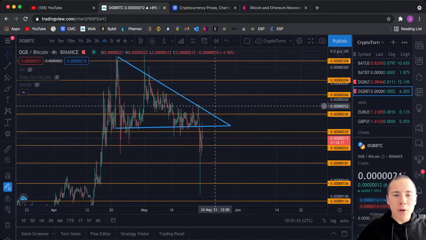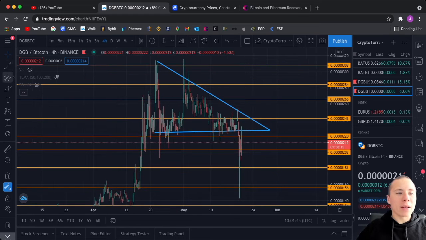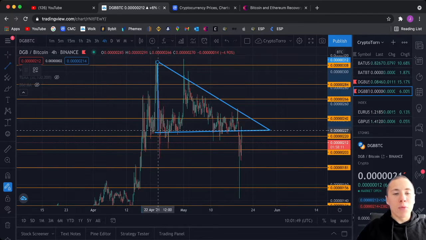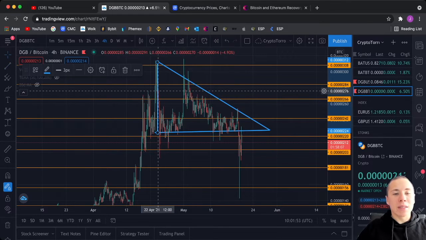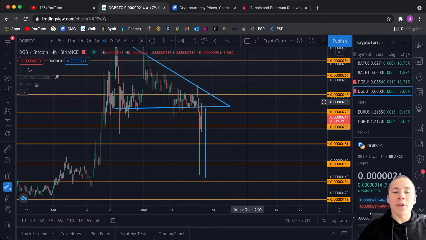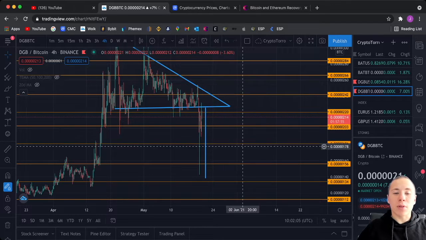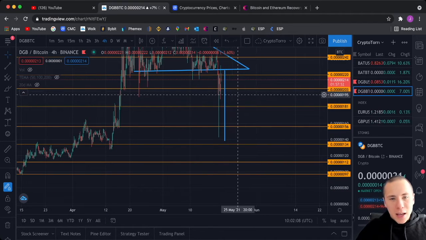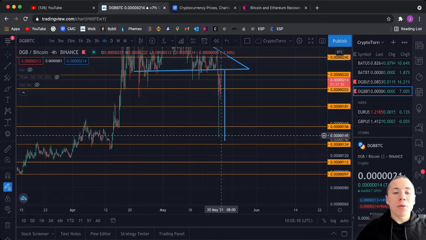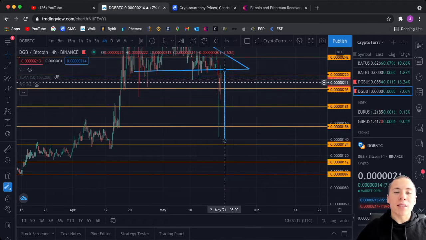And what I wanted to show you is not only where it could possibly have been headed, and why I think it's really good that right now we are seeing Digibyte still trading way above the target measurement. But as you can see, it actually went all the way down in one of the wicks of yesterday's candles.